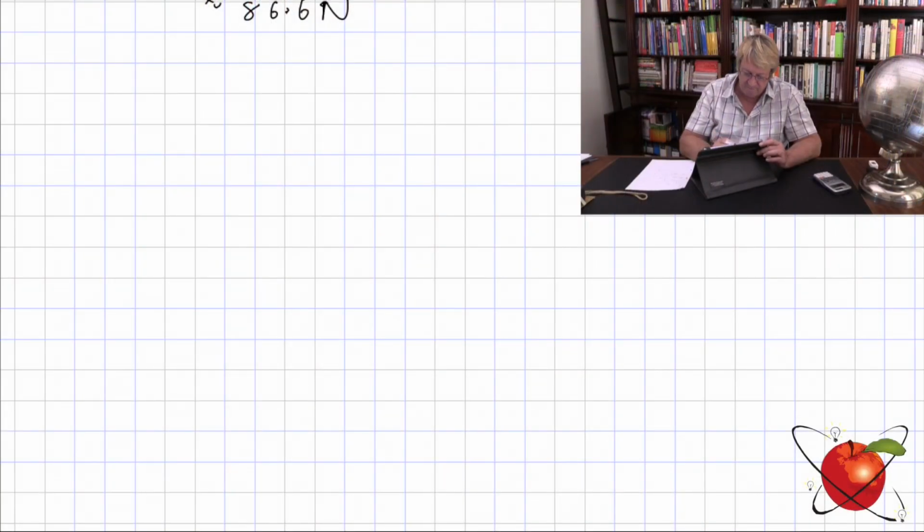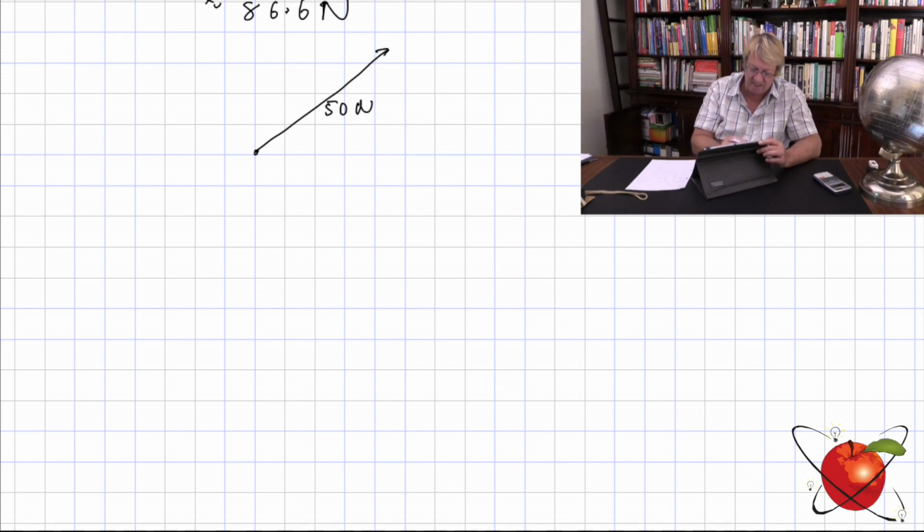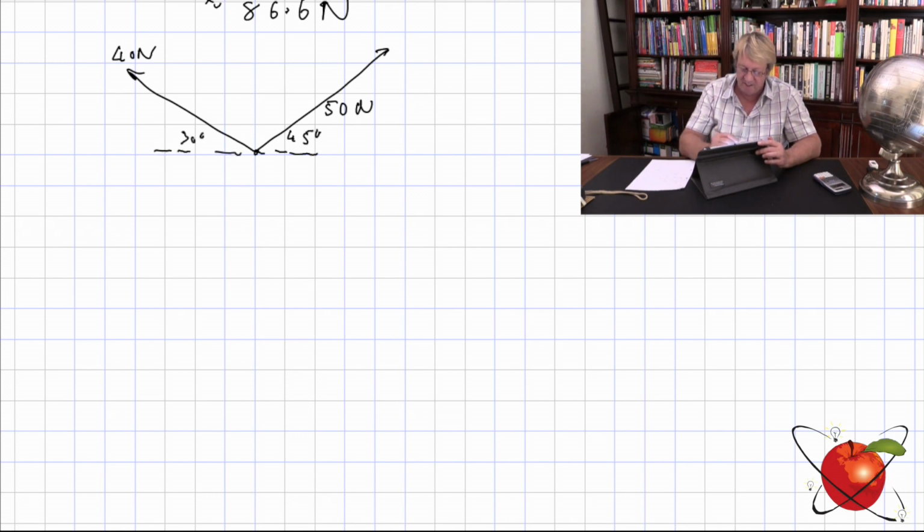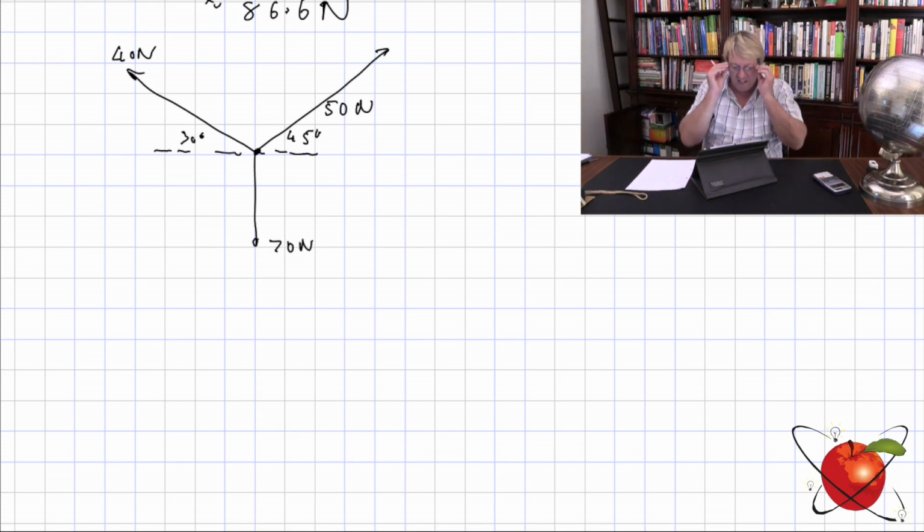Let us say we've got a force acting that way of 50 newtons, and a force acting this way of 40 newtons, and they tell us that one is at an angle of 45 degrees, and the other at an angle of 30 degrees. And let's look at a force acting down of 70 newtons. And they say to us, calculate the resultant force.